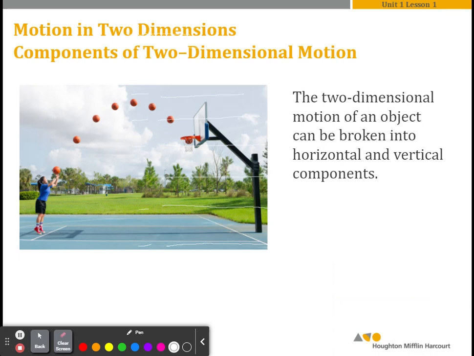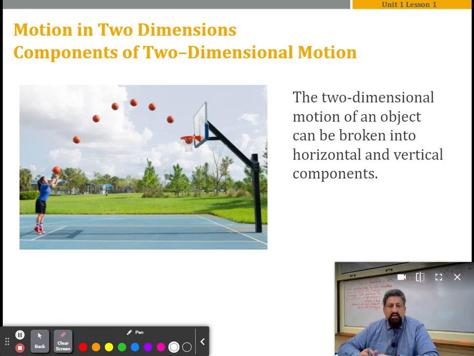When we talk about projectiles, a basketball, for example, is a projectile. As soon as this young lady releases the basketball, it's going to follow a predictable path. It's going to follow what we have referred to as a parabolic path. The motion of this basketball, this projectile, can be broken down into horizontal and vertical components.